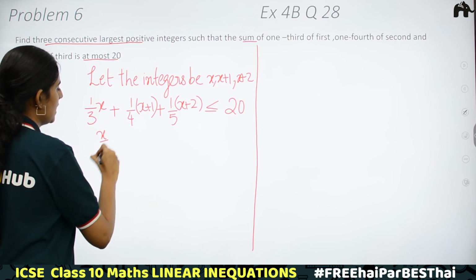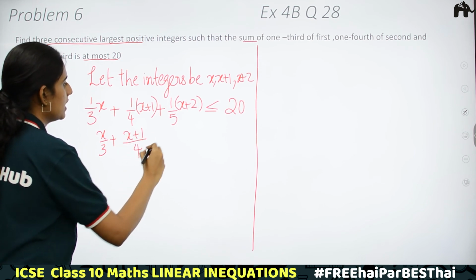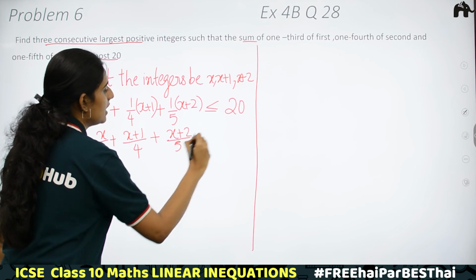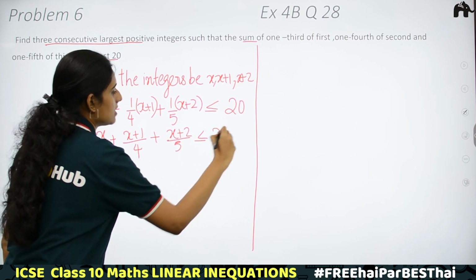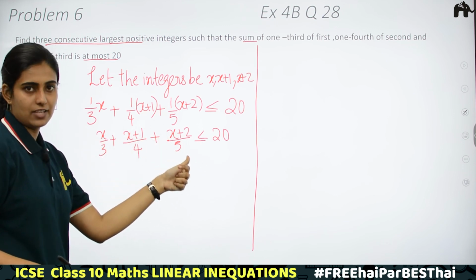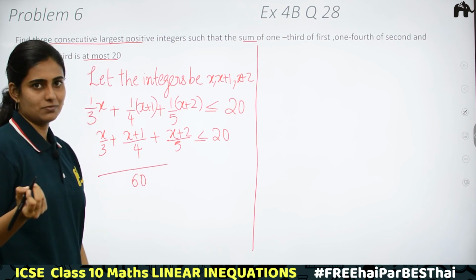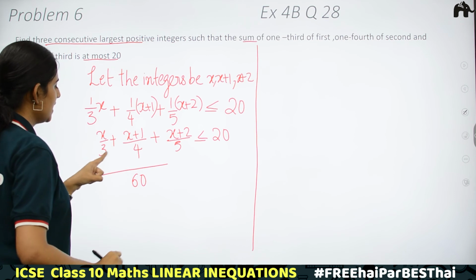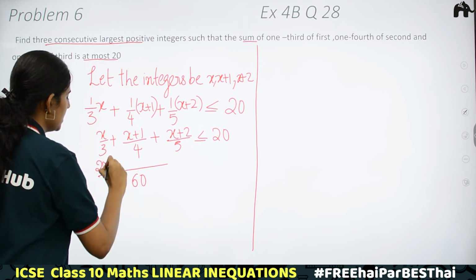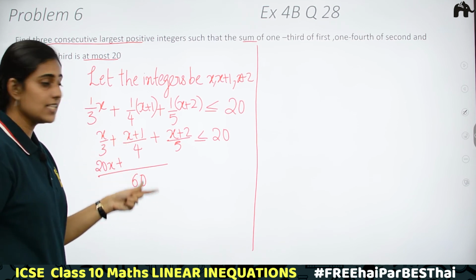x by 3 plus x plus 1 by 4 plus x plus 2 by 5 less than or equal to 20. Taking the LCM of 3, 4 and 5, you will be getting 60. Hope you all know to take LCM. Now, 3 into 20 is 60. You will be getting 20x plus 4 into 15 is 60.